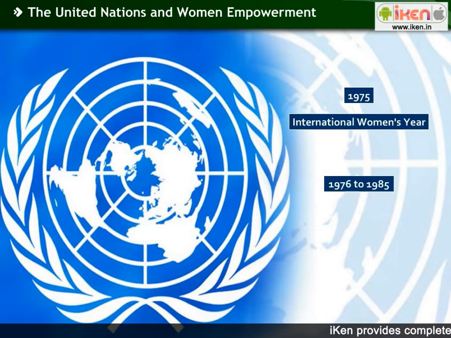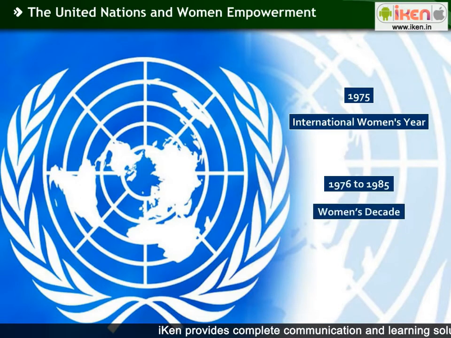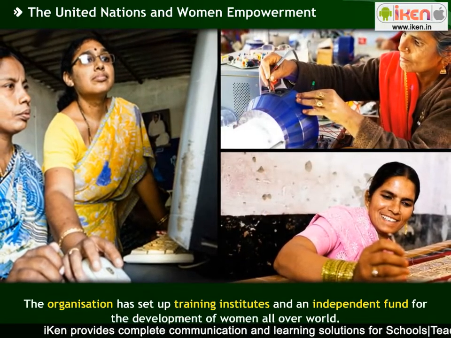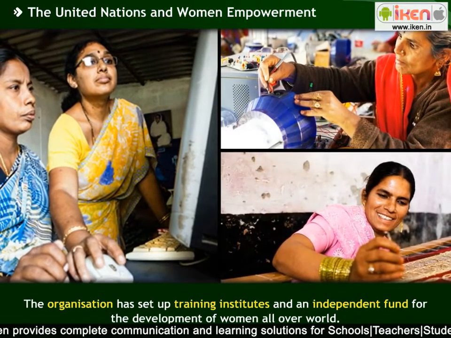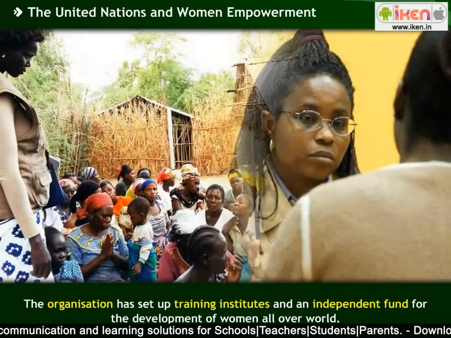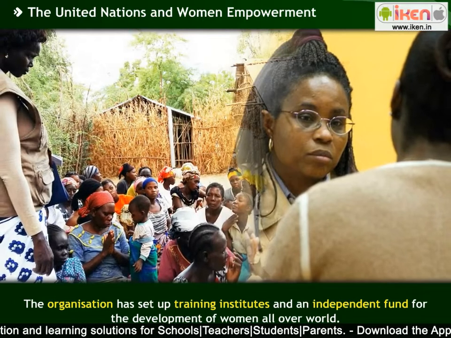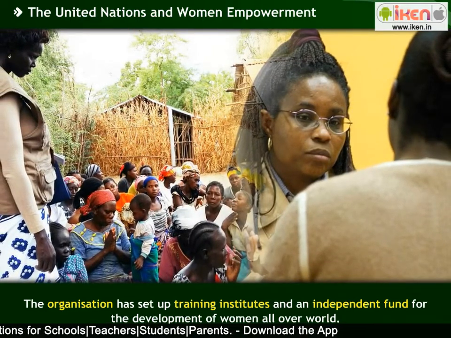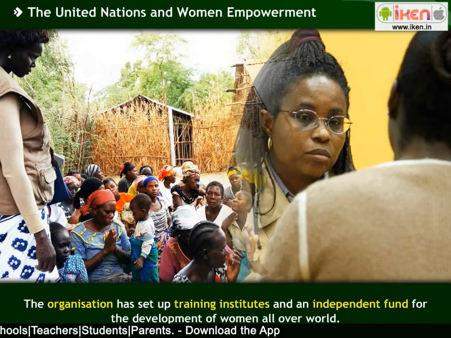And from 1976 to 1985, an entire decade was declared as the Women's Decade. The organization has set up training institutes and an independent fund for the development of women all over the world. The United Nations collects information about the different problems relating to women and takes decisions and implements them based on them.